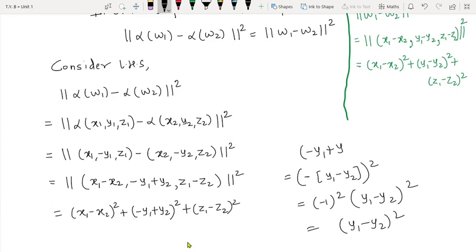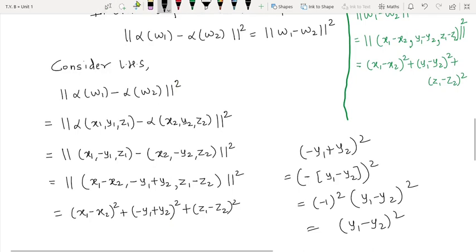Minus y1 plus y2 whole square. I hope you are getting my point. First we took the minus outside, then squared the common factor, so you get this and this. So I can say that this equation is exactly equal to this equation, and therefore we got the required thing.